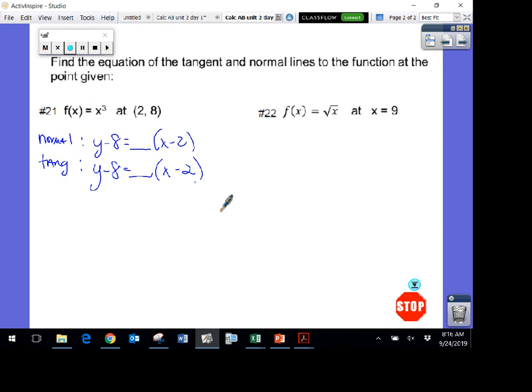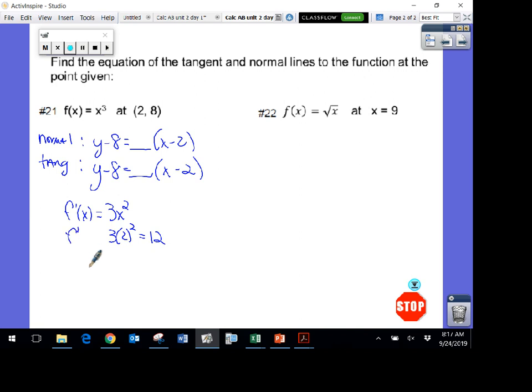So f of x equals x to the third, so f prime of x equals 3x squared. Power rule: bring the 3 down, x to the 3 minus 1, which is 2. Since we're finding it at 2, 3 times 2 squared, so we get 12.